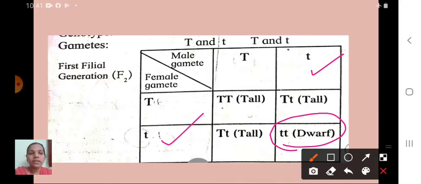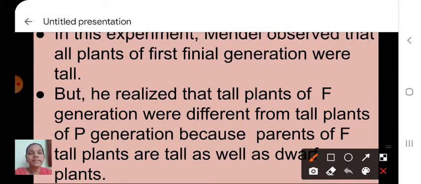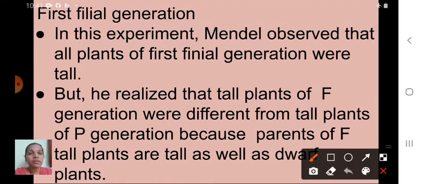Understood now? Yes. Next one is, see here children, the theory part. So in this experiment, that means your first filial generation, Mendel observed that all plants of the first filial generation were tall, that is capital letter T, small letter t.